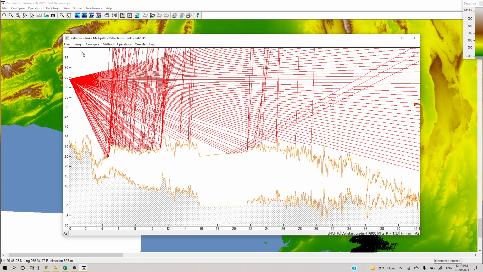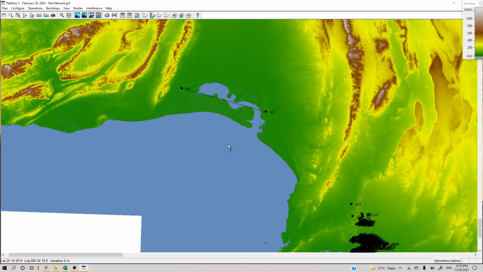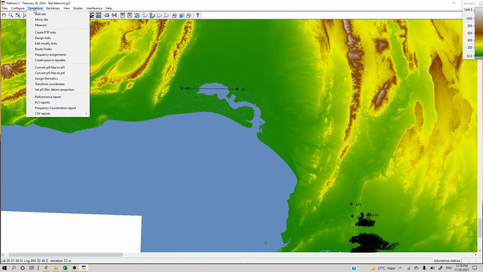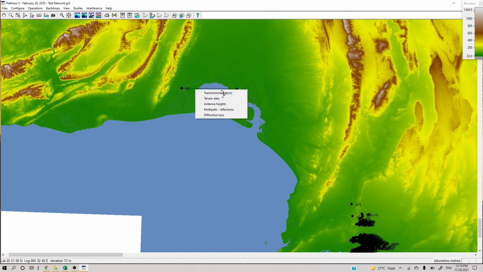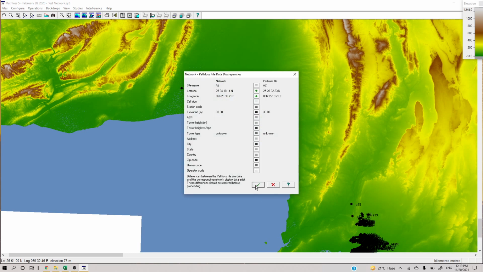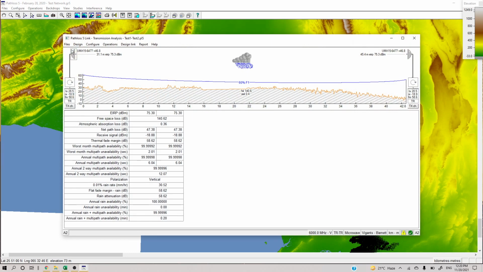No, still the multipath is not affecting. No problem. Let me move this. Okay, the link should be shorter, but now this link will hopefully be in big issue.